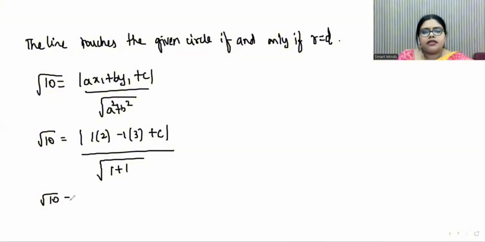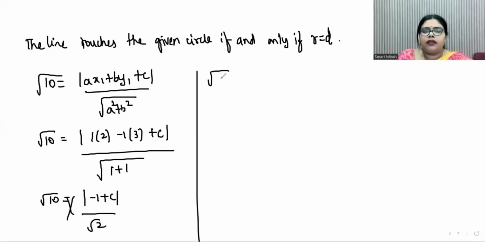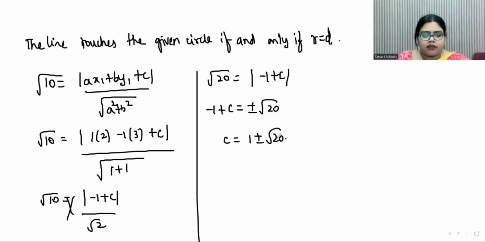So root 10 is equal to mod minus 1 plus c by root 2. Cross multiply. You will get root 20 is equal to mod minus 1 plus c. If I remove the modulus, we will get minus 1 plus c is plus or minus root 20. So c is 1 plus or minus root 20.